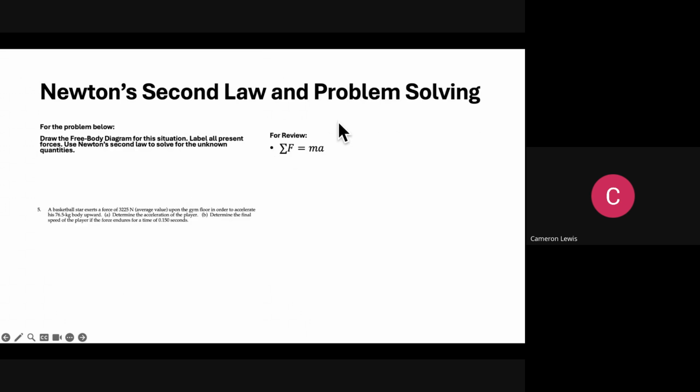So when we get back here, not tomorrow, on Wednesday, we'll go through the second law problems, and I believe that leads us into our last two topics.